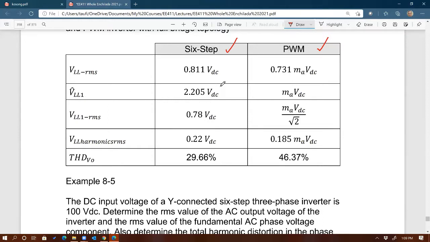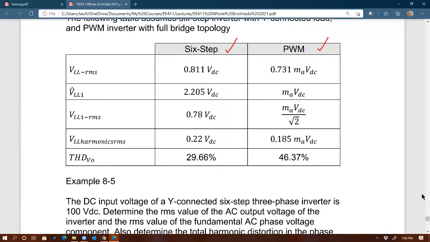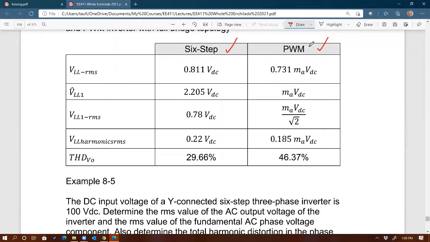This is just a table to summarize the different equations that you'll get from 6-step or from PWM. So you can compare the two, right? Given MA and VDC, which one is going to give you a better value, right? So you can get it from this.